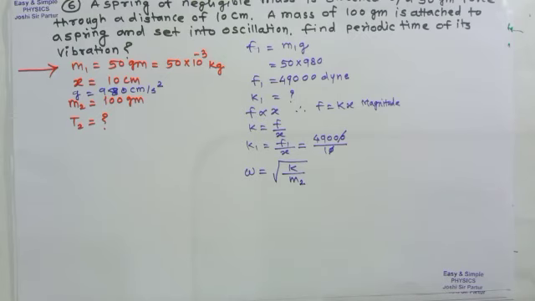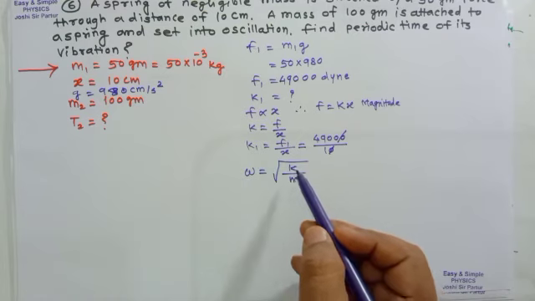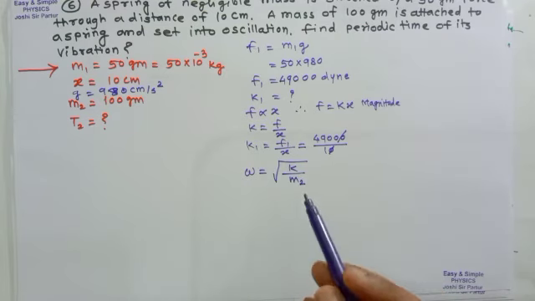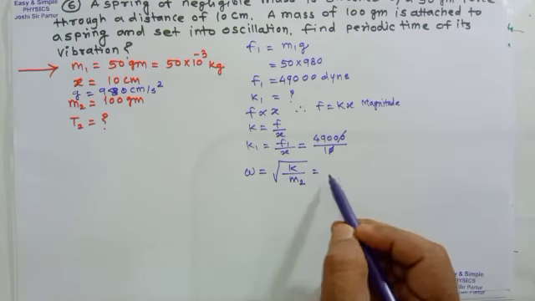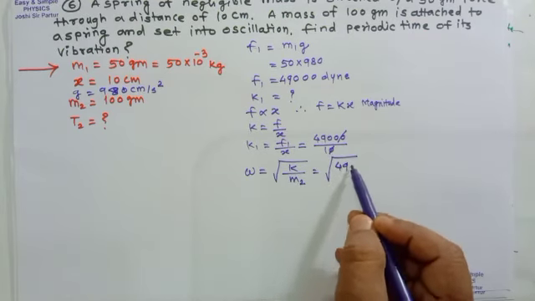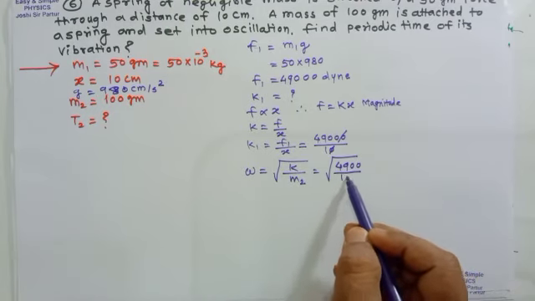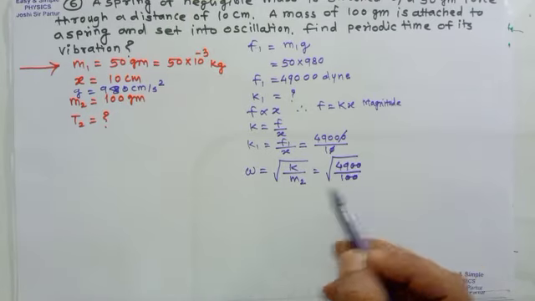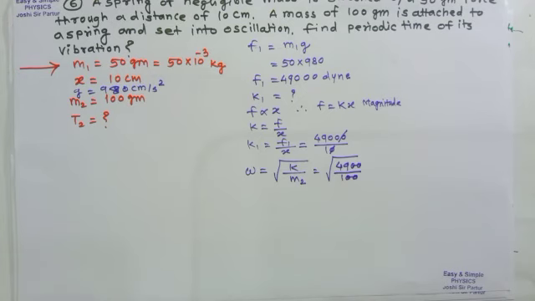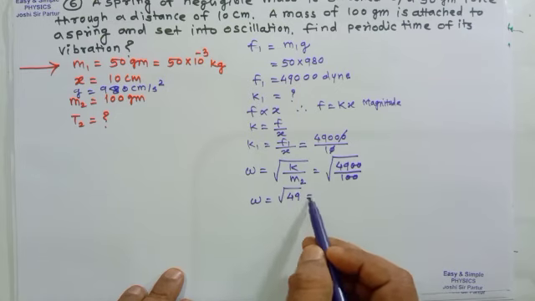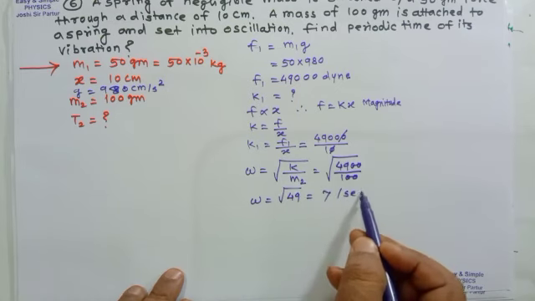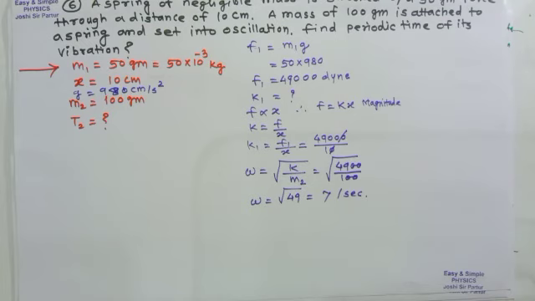If we were finding the time period for 1, we would use K upon m1, but here we use K upon m2. So it will be square root of 4900 divided by 100. What happens? 0 0 get cancelled. So omega becomes square root of 49, which is 7 per second. So we can find out omega, and if we find omega, then we can find the time period.